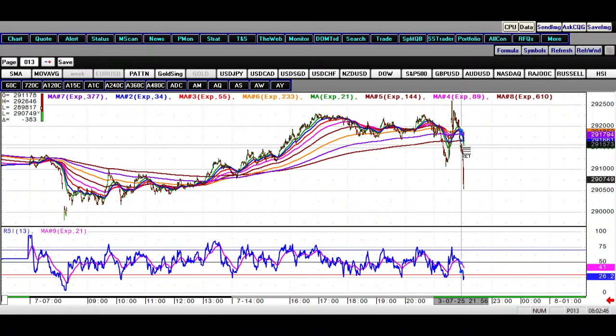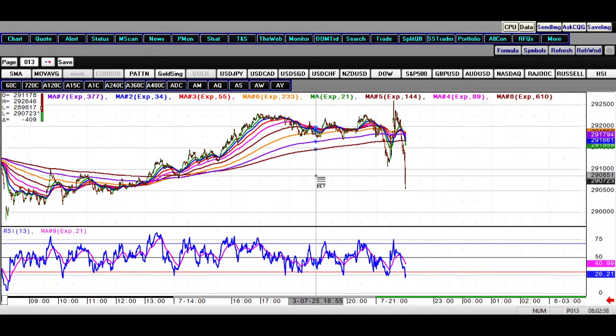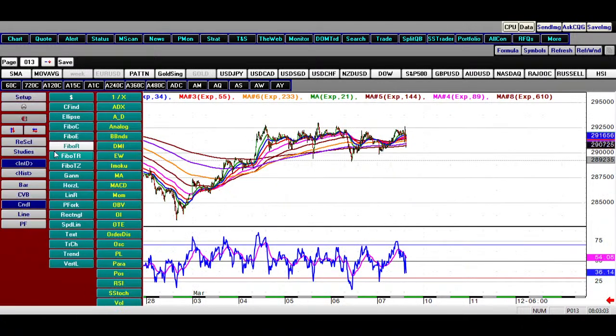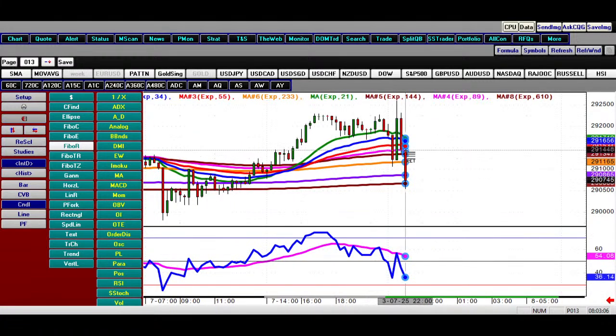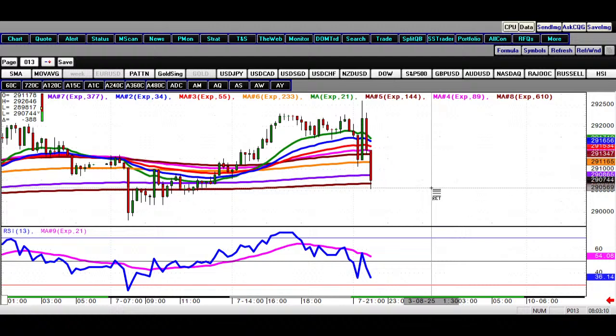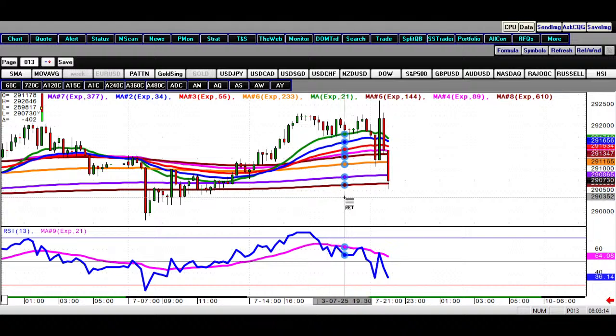So we will try to sell at 13 half, with the stop above 18. And for TP we can expect 2900 1 half.